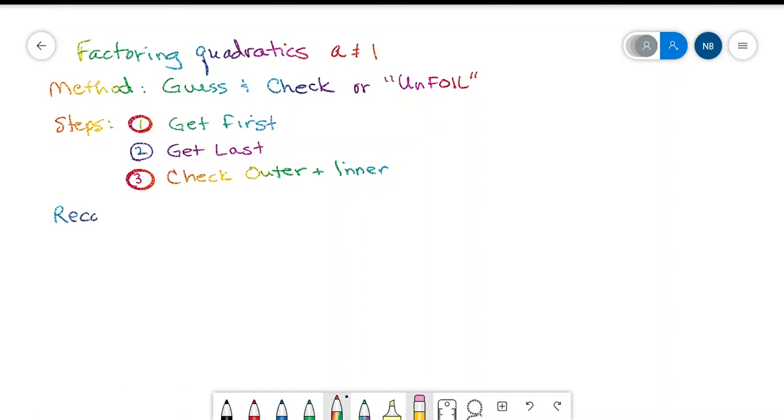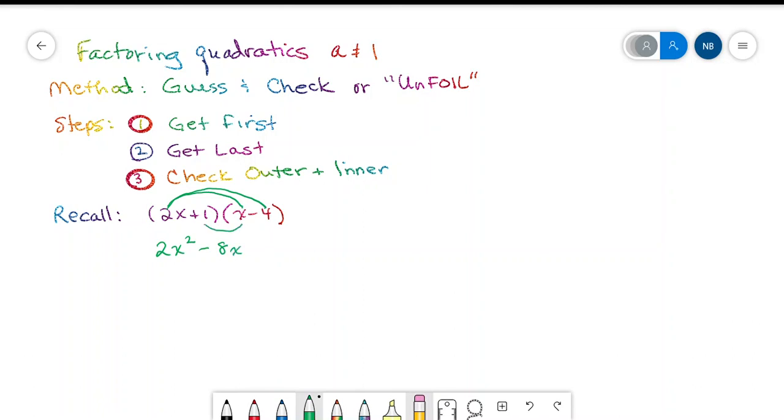foiling really quick. When you multiply a binomial times a binomial, like 2x plus 1 times x minus 4, there are 4 products you have to find. First times first, which would be 2x squared, and the outer product is negative 8x in this example.